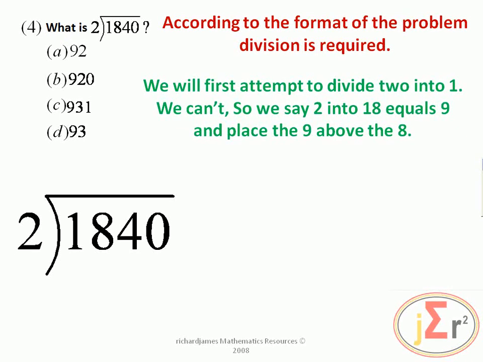Right, and in the old days, when we reached 9, we used to say 2 9s are 18. We usually say that in a different way when we are at 9. So 2 9s 18. Because 2 9s 18, then 2 into 18 will be 9 times.